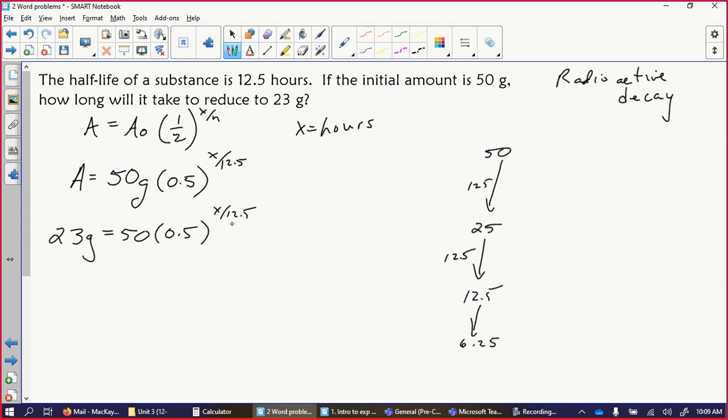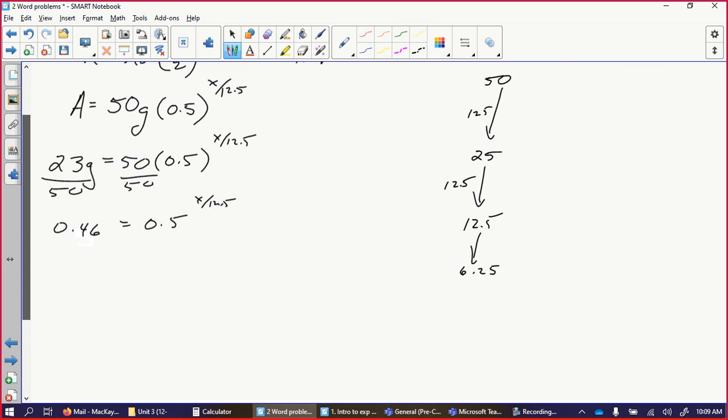X over 12.5, divide by 50, divide by 50. That's 0.46. So we do that bit. And we log both sides. Log of 0.46 equals log of 0.5 times x over 12 and a half.